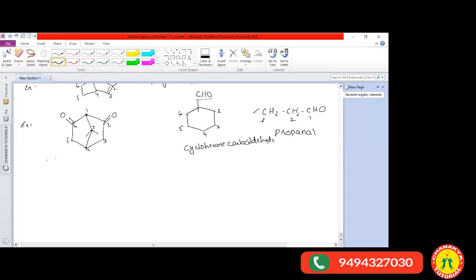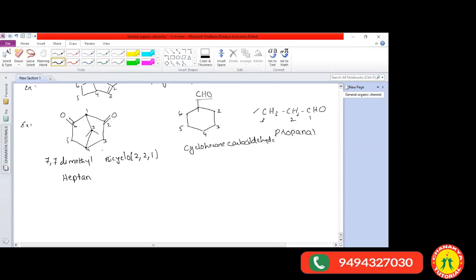So how can we write the IUPAC name of the given compound? 7,7-dimethylbicyclo[2.2.1], and the root word, 7 carbon atoms are there, hence we write heptane. The given compound is saturated, hence heptane.